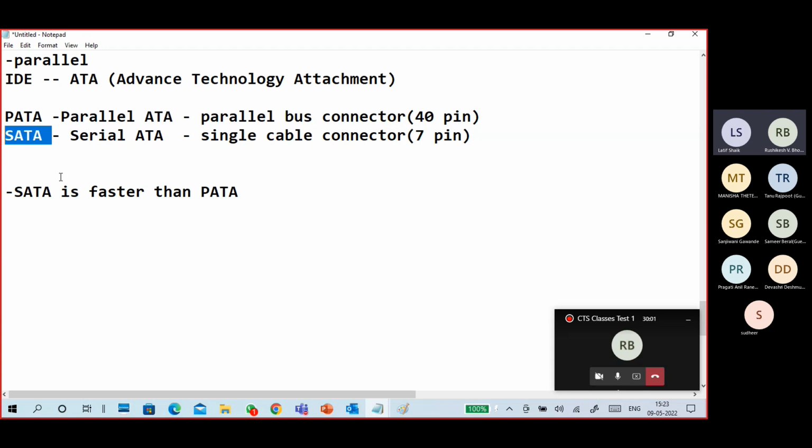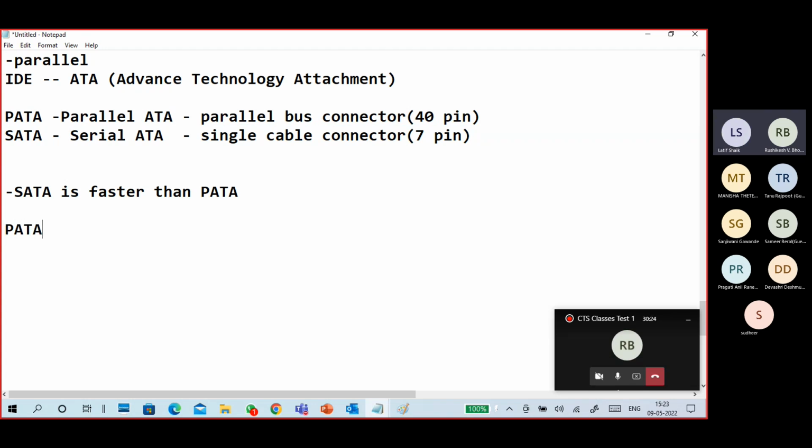So obviously SATA became faster. PATA has gone from the market. So Parallel Advanced Technology Attachment, Serial Advanced Technology Attachment. One used a 40-pin connector, the other a 7-pin connector.